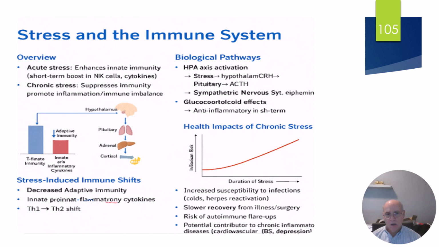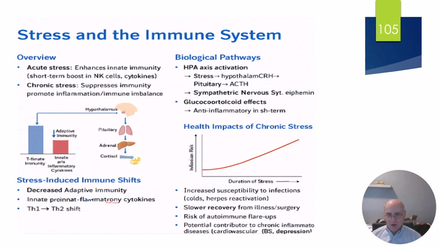You see that stress affects the HPA axis and affects the sympathetic nervous system, and the more glucocorticoids are produced over time, you kind of lose that effect of cortisol as an anti-inflammatory. So you can see on the chart, there's an increased susceptibility to infections, not to mention what we see now in many patients who have had COVID.